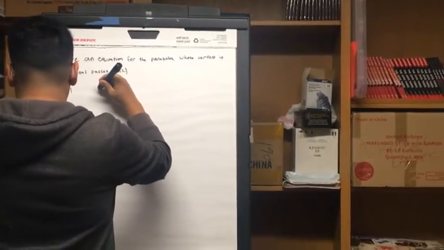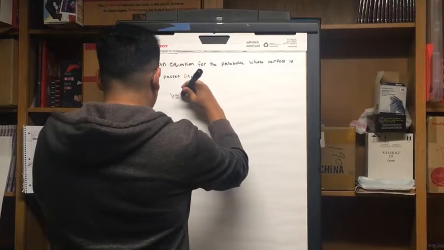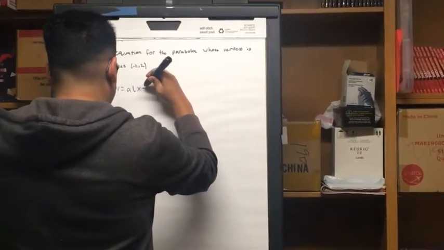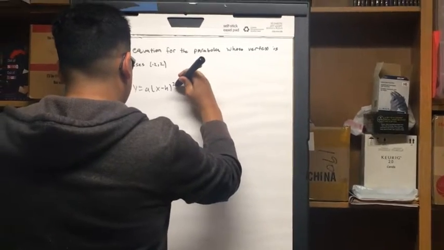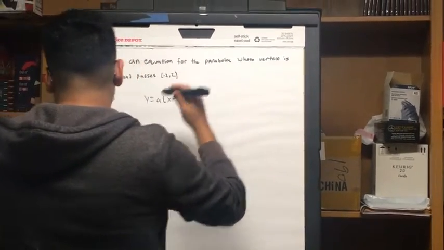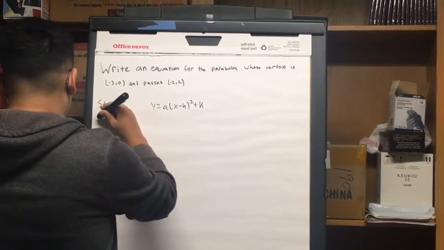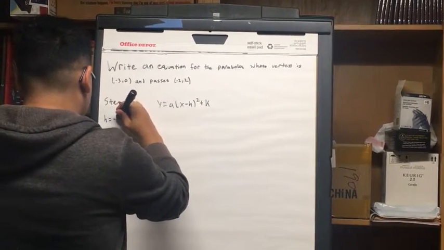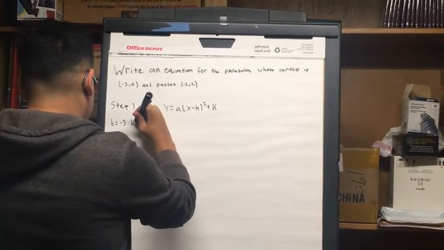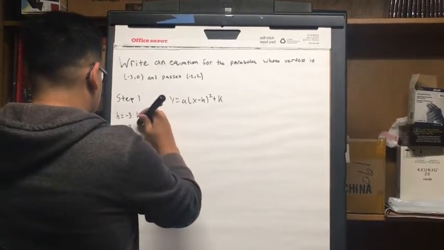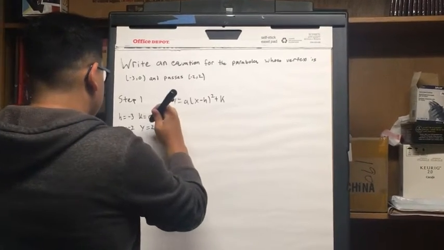The vertex formula is y equals a parentheses x minus h squared plus k. And then you're going to use your points. Your points are going to be h is equal to negative 3, k is going to be equal to 0, x will be equal to negative 2, y will be equal to 2.